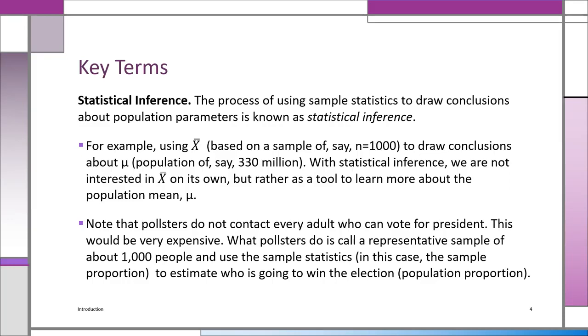They will get a sample statistic from that sample. We call it the sample proportion. That is a statistic, and they're going to try to estimate who's going to win the election. That's the population proportion. So notice how we use the sample proportion as a tool to try to predict the population proportion, which is really the measure of interest.